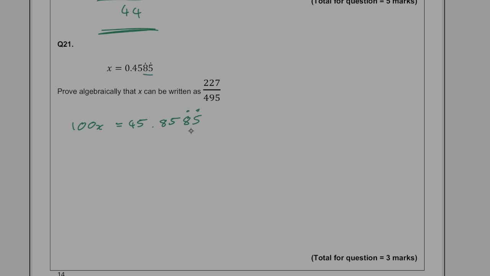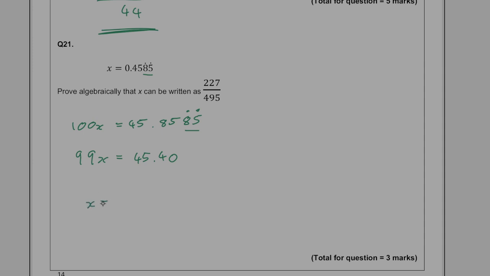Right, now I've got my decimal pattern repeating in the third and fourth decimal place. So I'm going to subtract one from the other and say that 99x is going to be equal to, so 5 take away 5 is 0, 8 take away 4 is 4, and then 45, so 45.4.